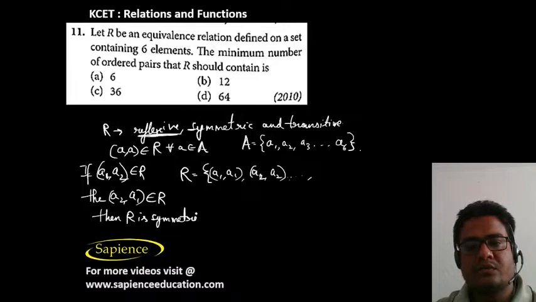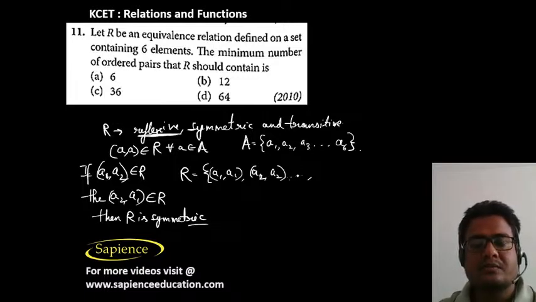But here if this (A1, A2) is not there, then also it will be symmetric. So it means that if A1 is not related to A2 or A1 is not related to A3, then also it is okay. Then also it will be symmetric.